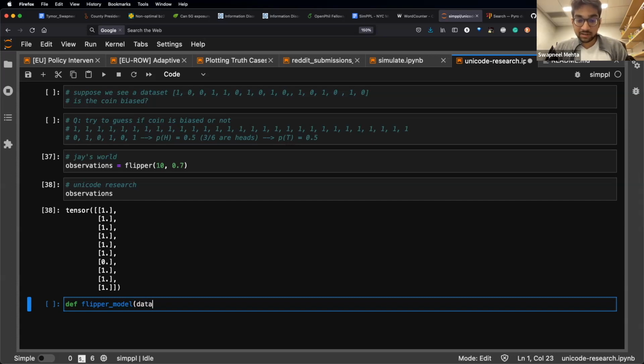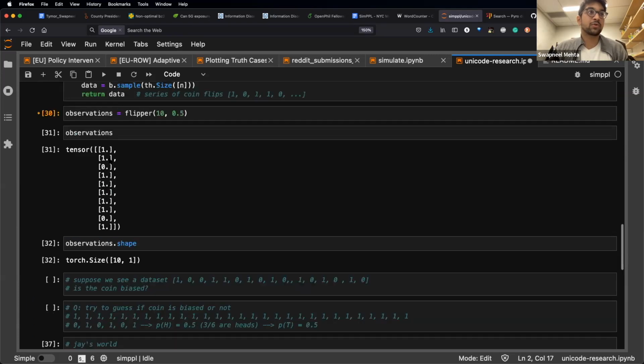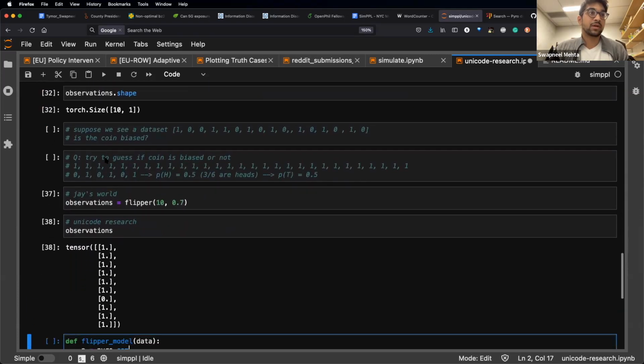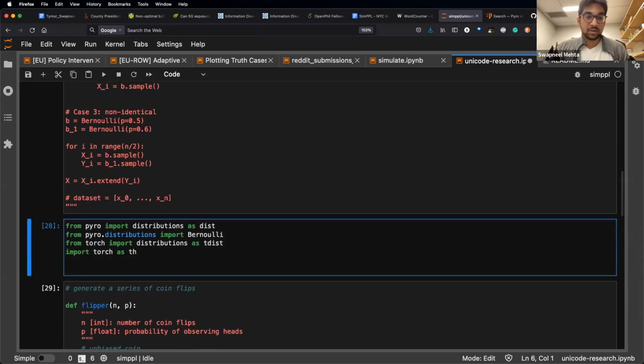We say that the way this model works is there is probably some bias, and now we get into Pyro syntax, pyro.sample. I should write import pyro. Okay, let's add a bunch of imports on top. Import pyro. What else will I need?